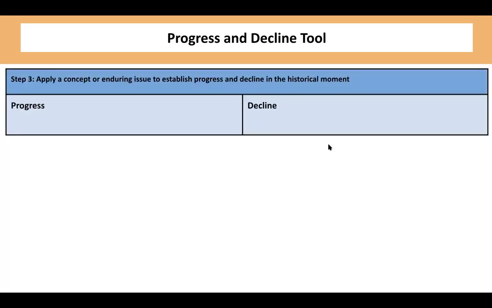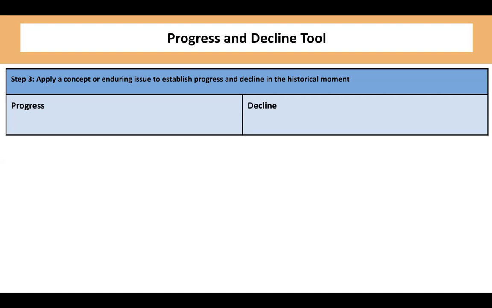The next step, now that they have thought of this historical moment and its context, and they've also thought about what has stayed the same or changed during this historical moment, now they could really start thinking about it in the context of, was this a period of progress or was this a period of decline? It's good to have students do both progress and decline so they can gather the evidence and see where this historical moment lies.